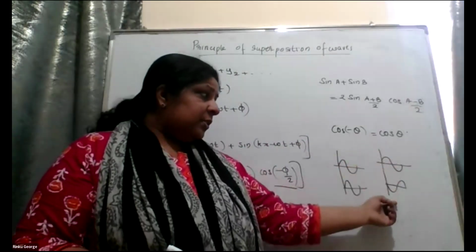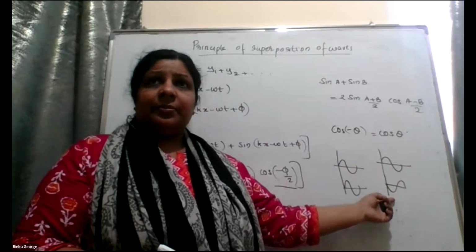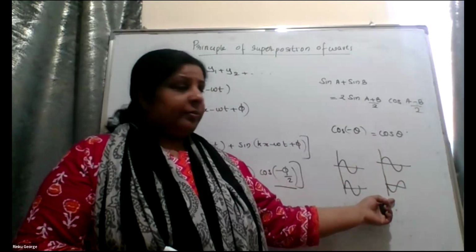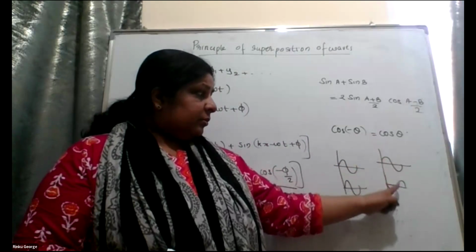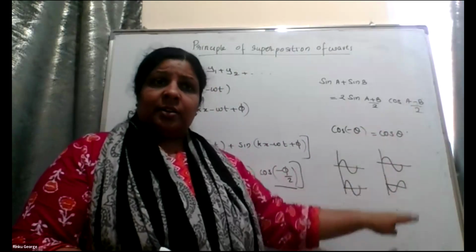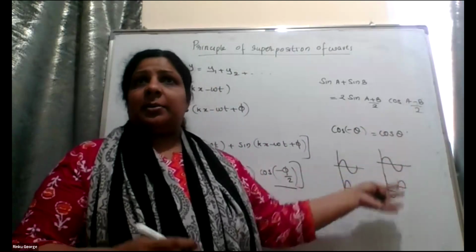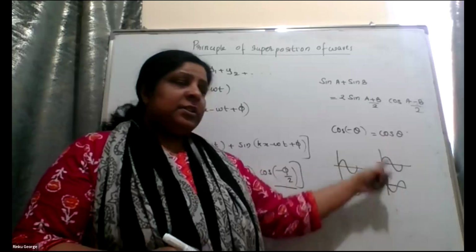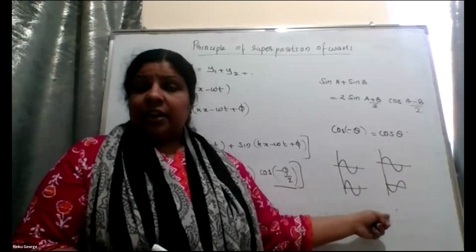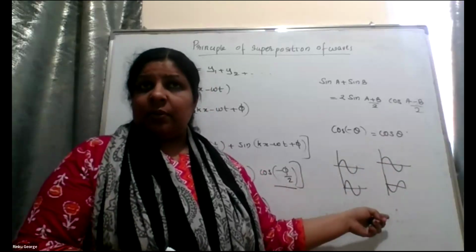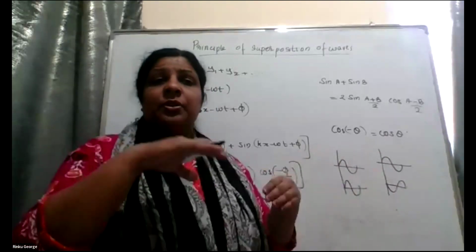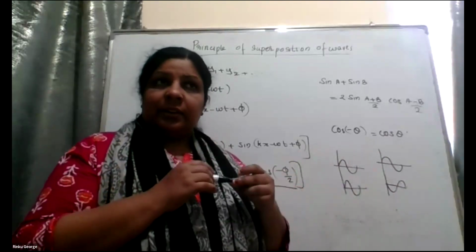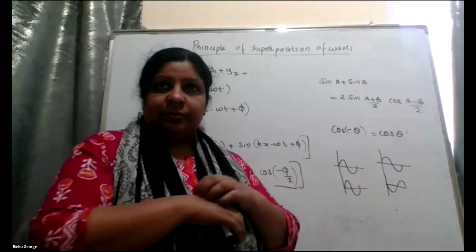One is upside down, so the phase difference of these two waves is 180 degrees. If the phase difference is 180 degrees, what will be the resultant wave? The amplitude is 0. Understood? Are you getting me?